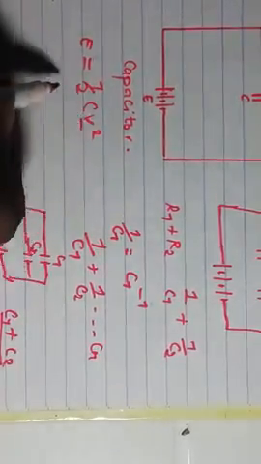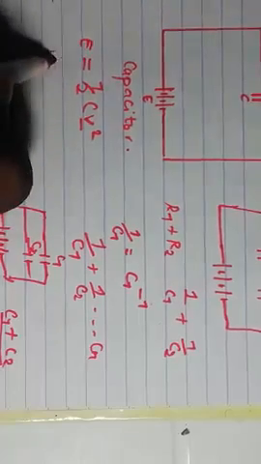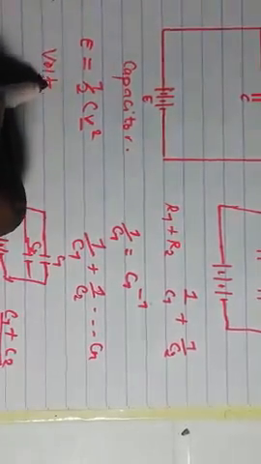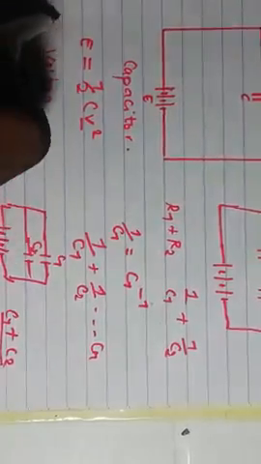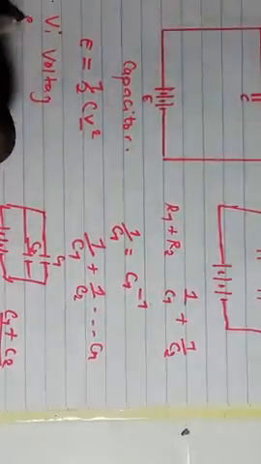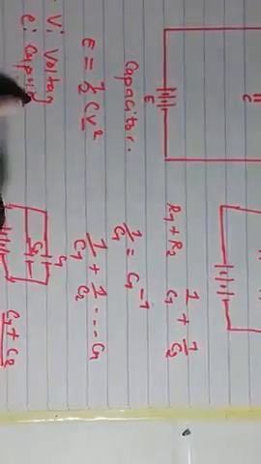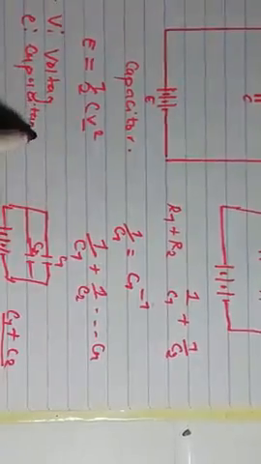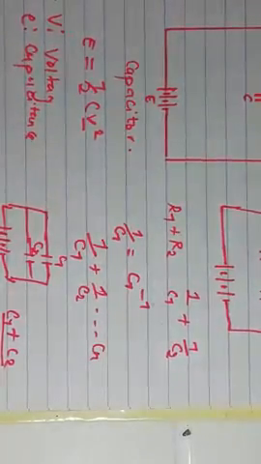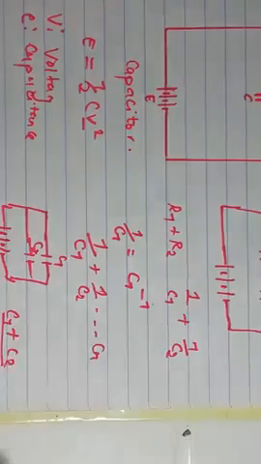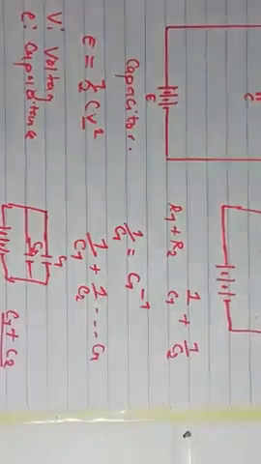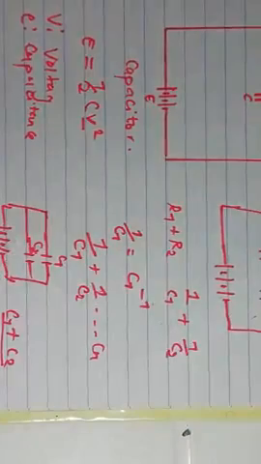What is this? V stands for the voltage, C stands for the capacitance, which I have shown you how to calculate as the equivalent capacitance in both series and parallel.